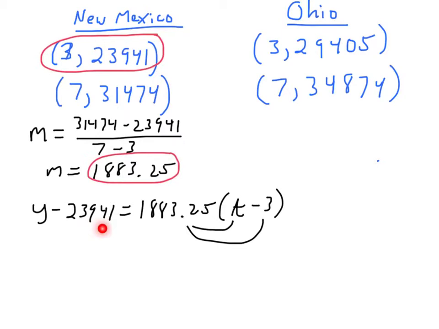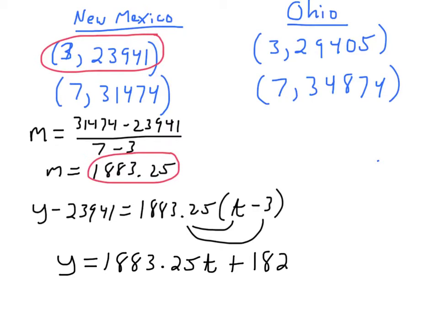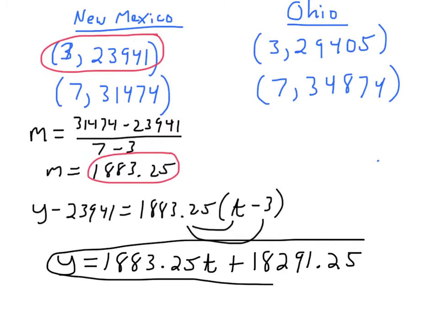I'll let you do those steps, and you can check your answer with the one I'm getting. If I skip that step, the answer comes out to be y equals 1883.25t plus 18,291.25. So that would be the equation of the line.